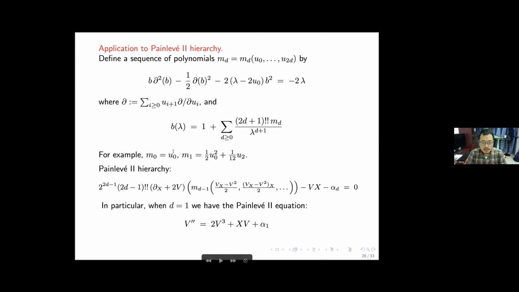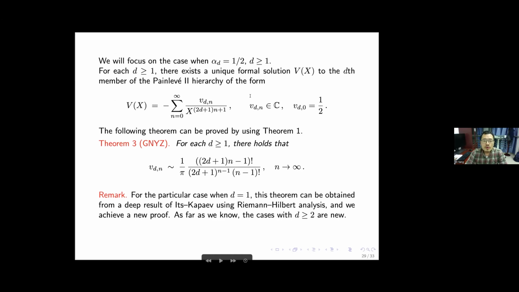And we can use the Lenard-Magri recursion or some similar recursion to get the whole Painlevé-2 hierarchy. Okay, so there are some nonlinear ordinary differential equations. So we will focus on the case when the parameter in this Painlevé-2 equation or hierarchy is 1/2.